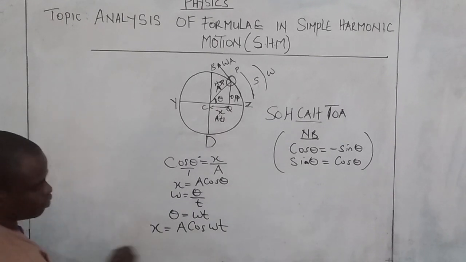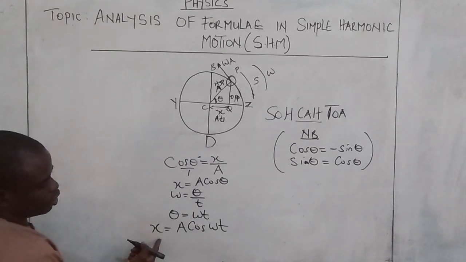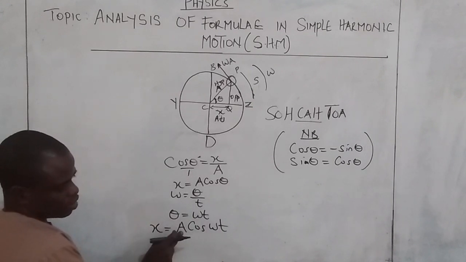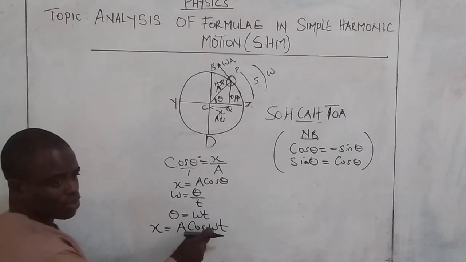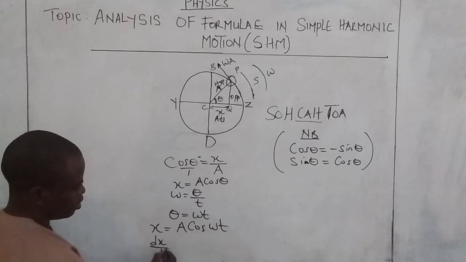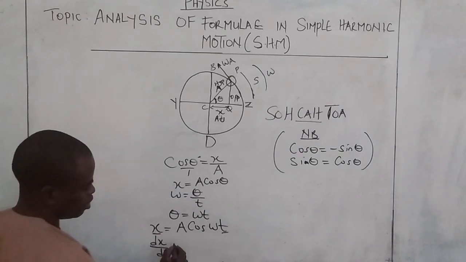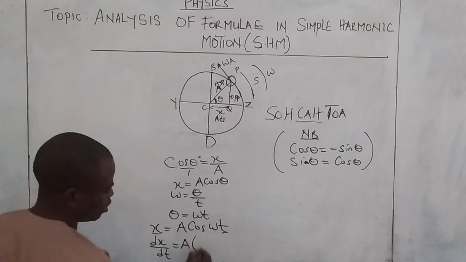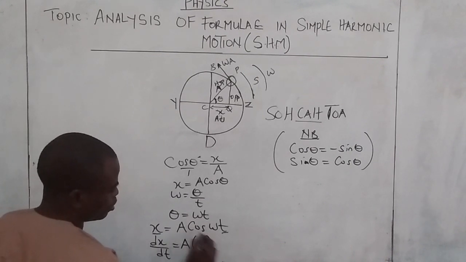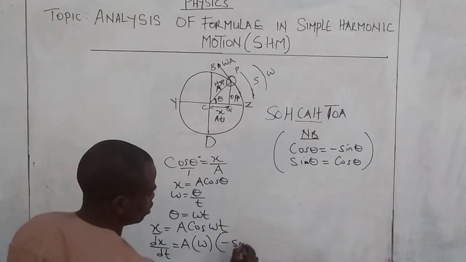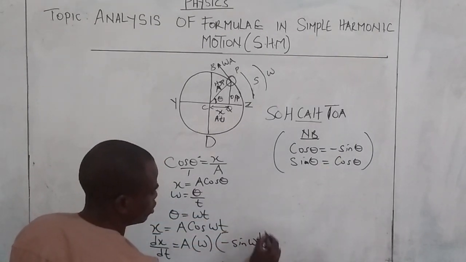Now, you have to differentiate x with respect to time. A is a constant, w is not a constant; it comes to the front. Now you have dx over dt equals A multiplied by w, and this one will change to minus sine omega t.